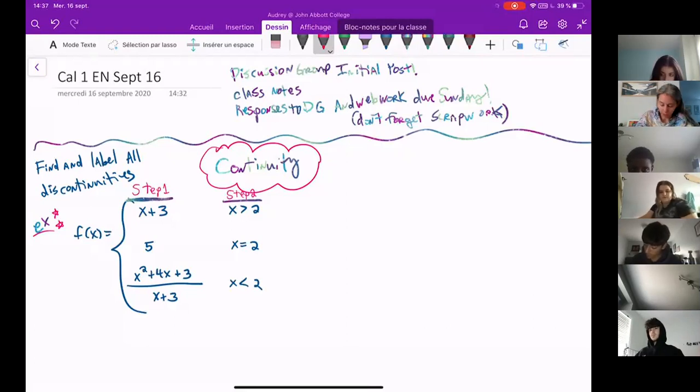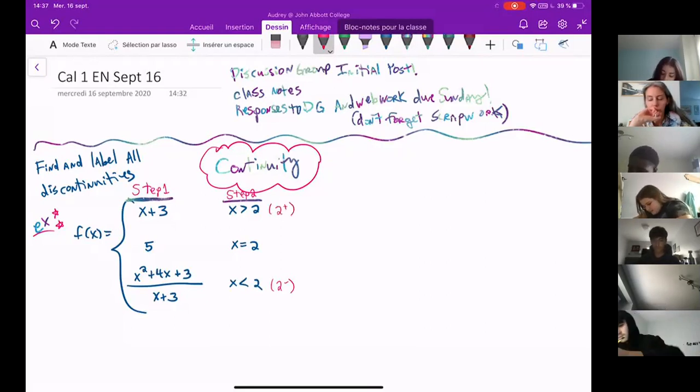Bottom. The bottom, you got it, Kenzo. So 2 from the left, and 2 from the right will be the top. And when do I use the middle one? Exactly, at 2. So this will be like f of 2 only.